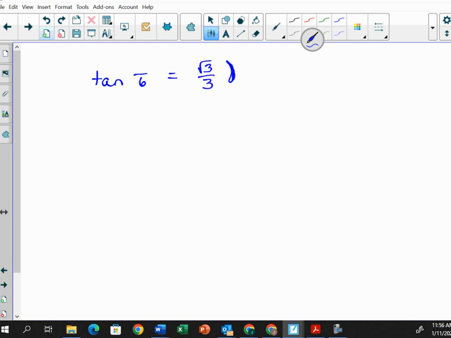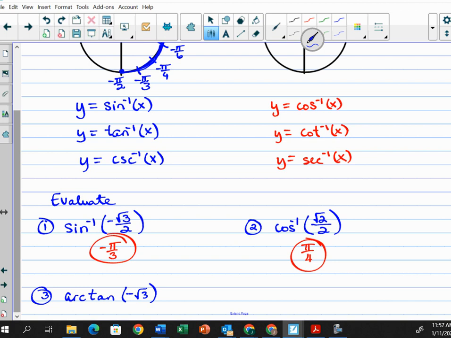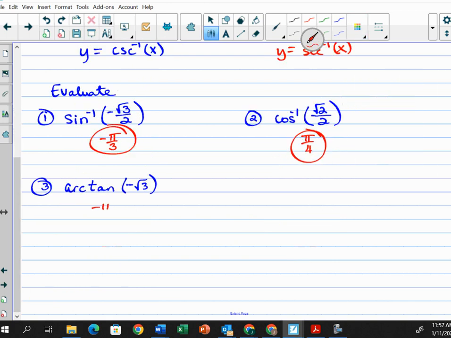Because what is 3 plus 3? That's how I remember that one goes with the over 6s. And then 3 plus 0 is 3, goes with the 3. 6 goes with the 6. So, what is our answer for this one? Negative pi over 3.